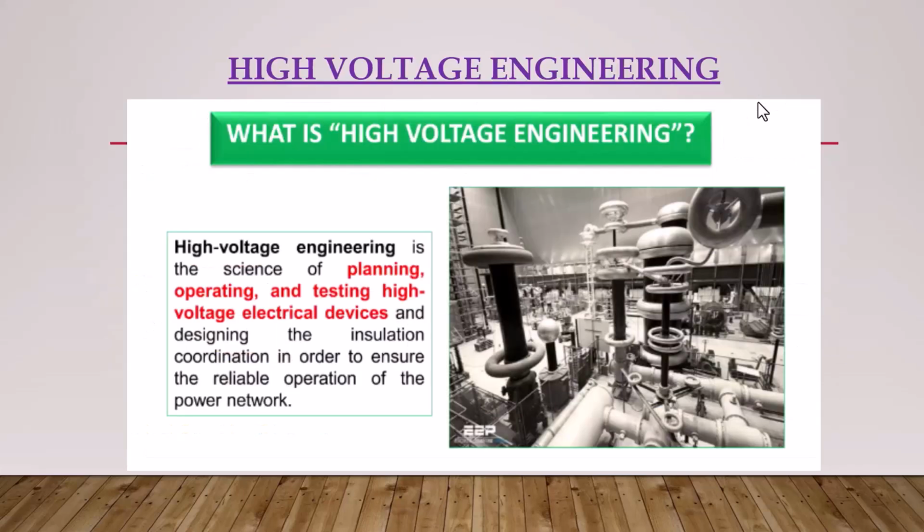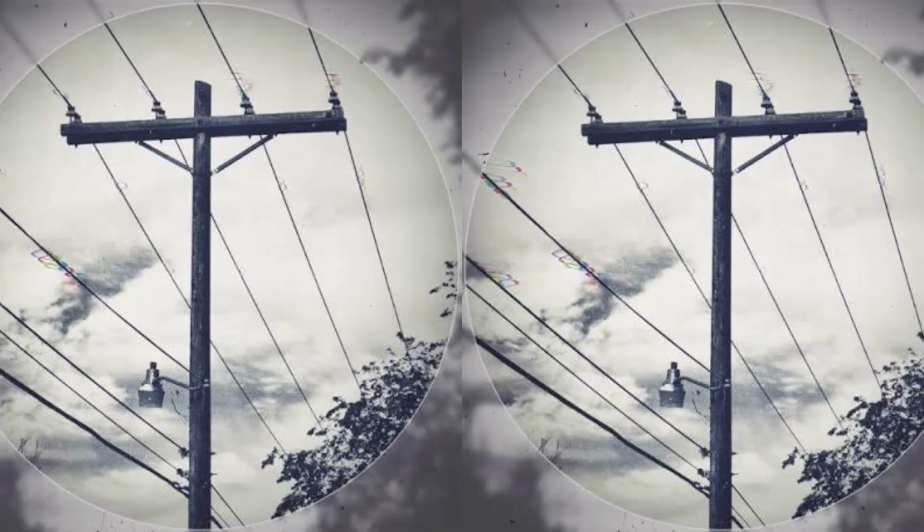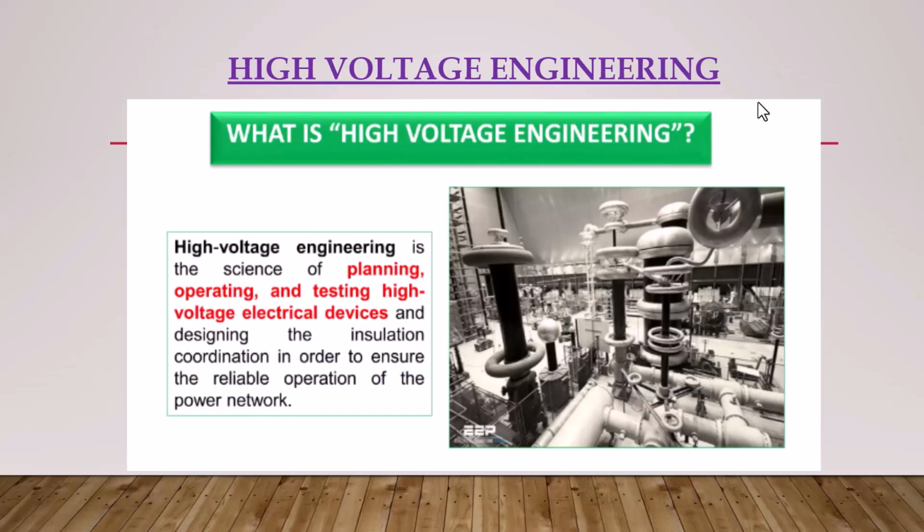Now let's talk about high voltage engineering in a way that makes sense beyond just the definition. This is a specialized area within electrical engineering that deals with systems operating at voltages much higher than what we encounter in our homes or small-scale devices. We are talking about hundreds of kilovolts used in national grids, industrial plants, and transmission systems.